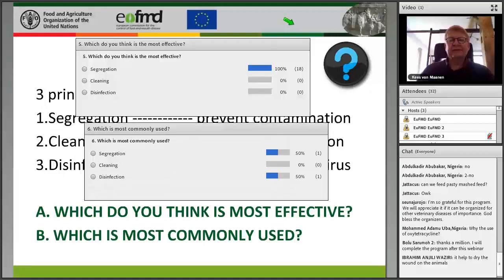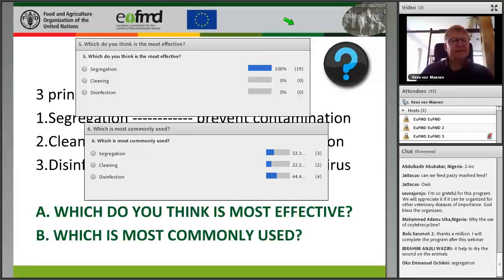We have about 32 participants today, so I'll wait a little bit longer, but I think the message, at least for the upper one, is very clear: all of you think that segregation is the most effective measure.